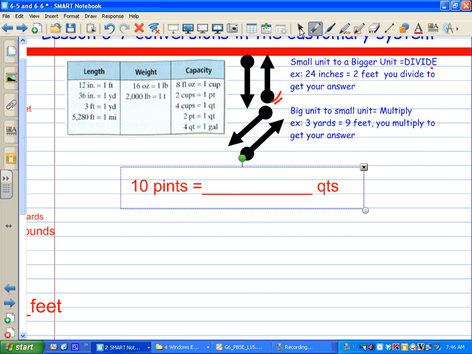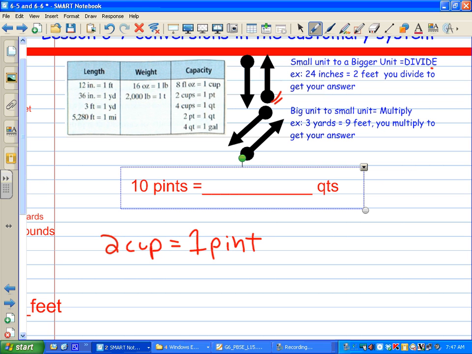Well, let's see here. I know that 2 cups gives me 1 pint, right? And I want to know how many pints are in a quart.